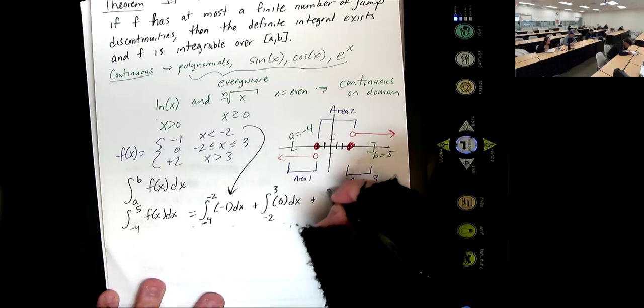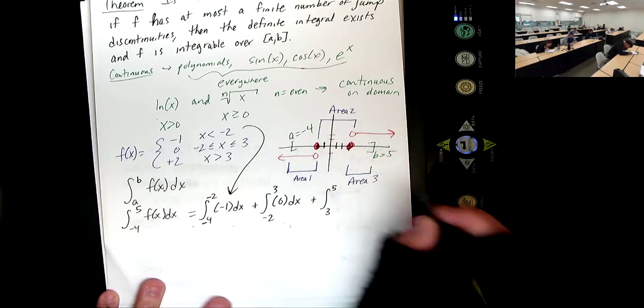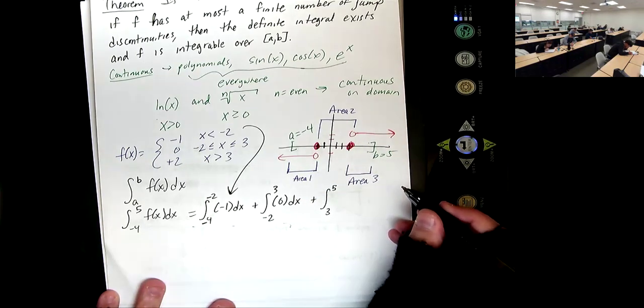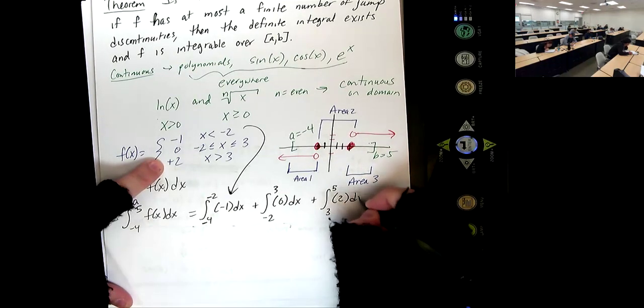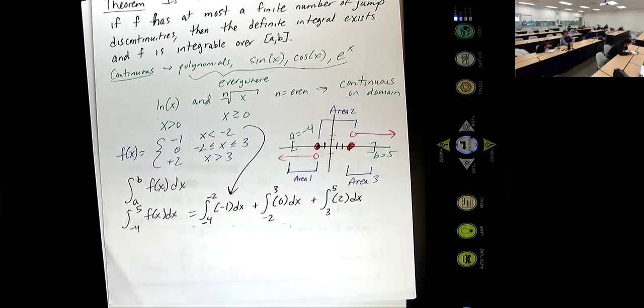And then we're gonna go from 3 to 5, and f of x equals 2 on that region. Does that make sense? That's how we could add area together, right? If we had a bunch of sections next to each other, you could just add it all up.